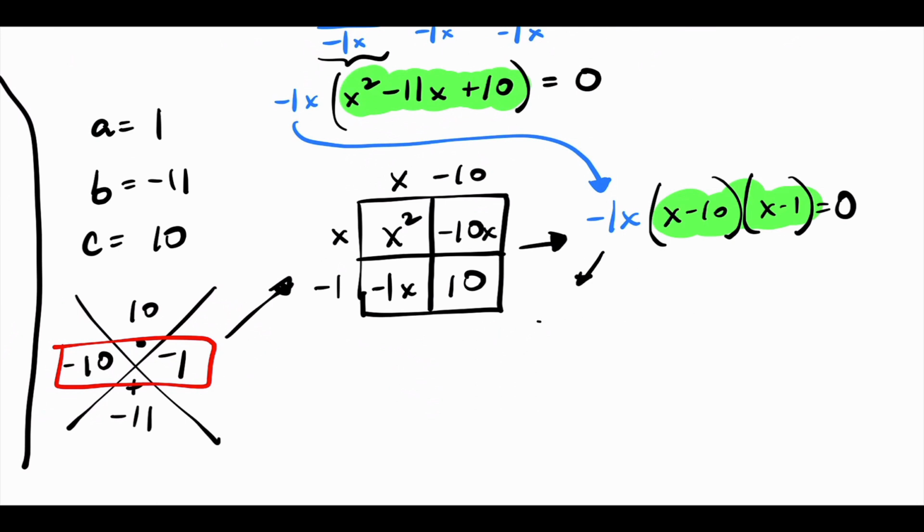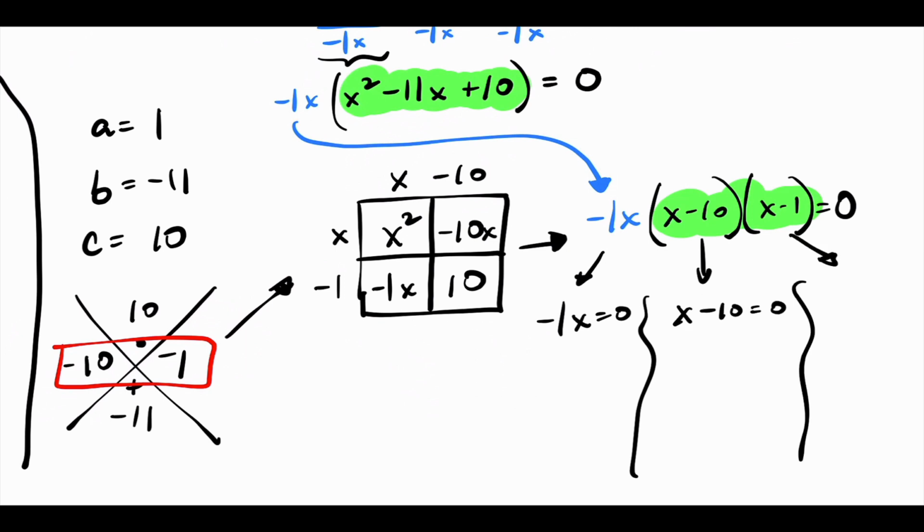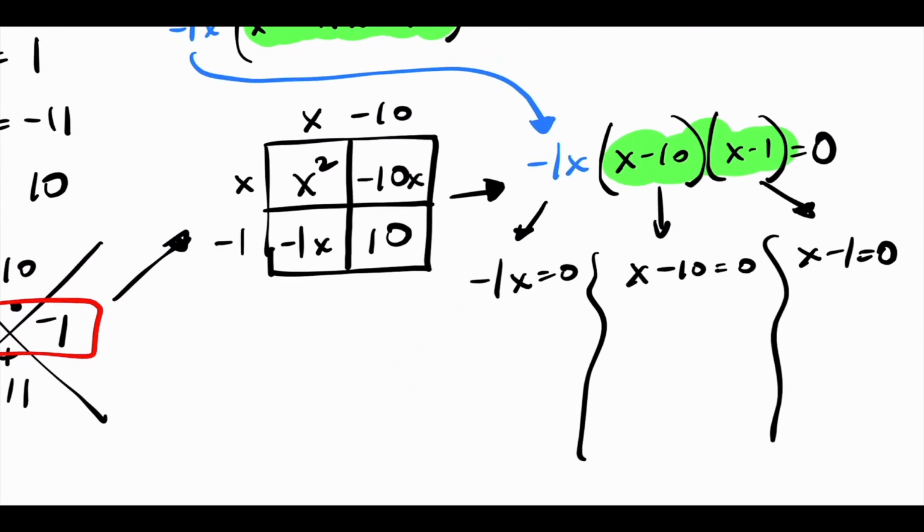So this guy is going to be set equal to 0. This guy is going to be set equal to 0. And this guy is going to be set equal to 0. That's the other difference today. Now I'm going to have 3 things to set equal to 0.